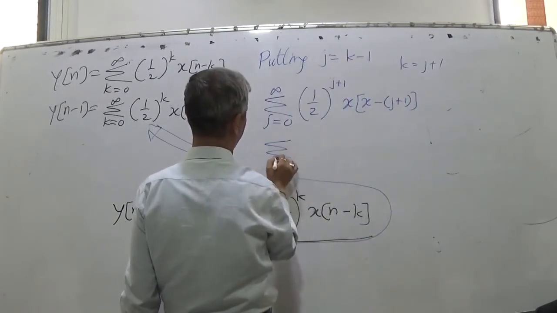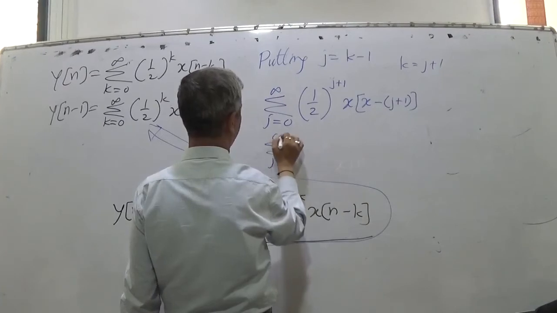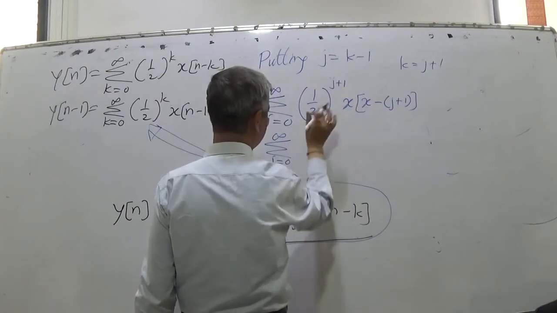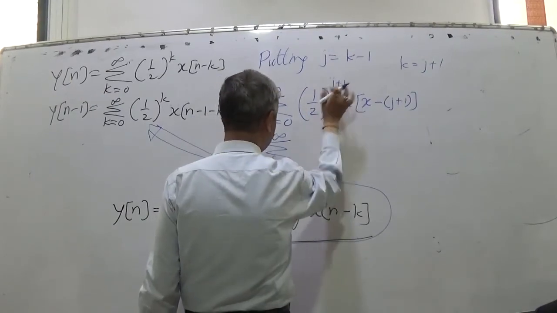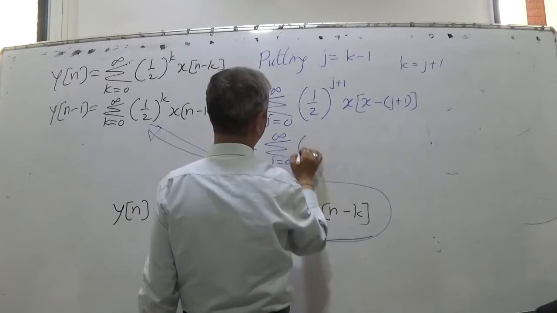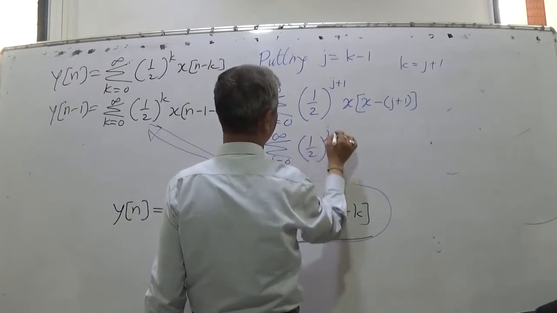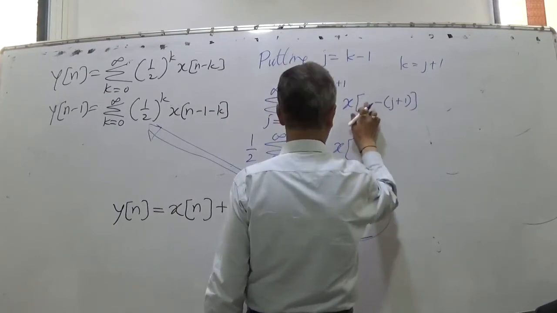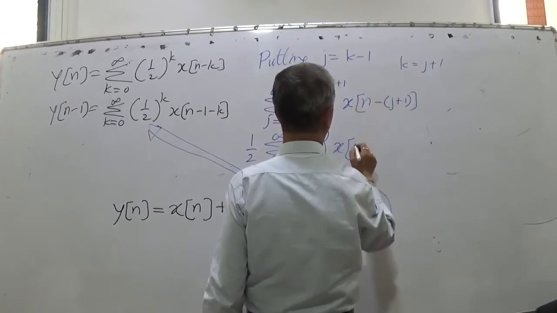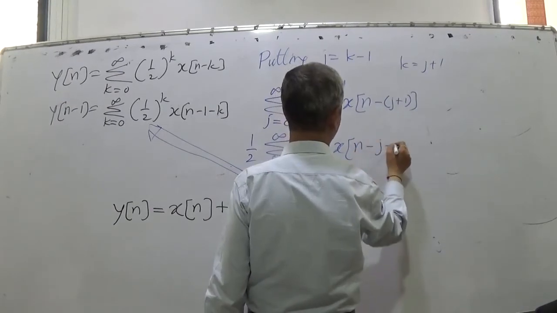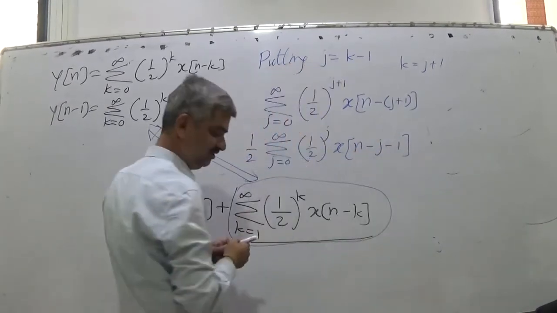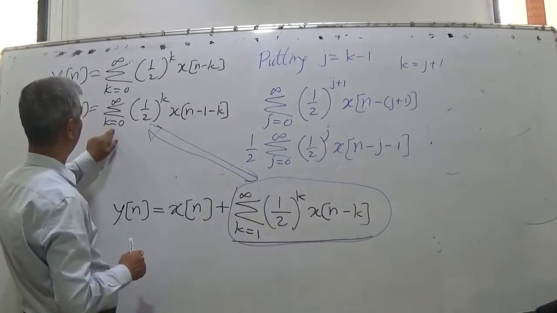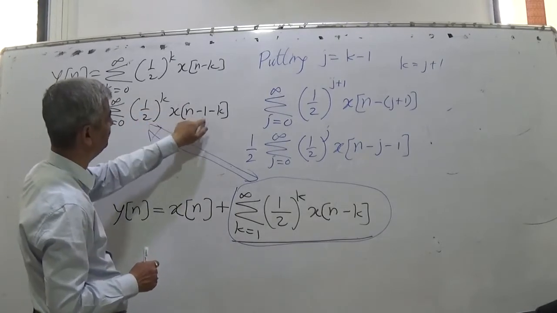This is equal to summation j equal to 0 to infinity, half raised to j into half raised to 1, so this half comes out, half raised to j x of n minus j minus 1. Now watch these two closely. What is yn minus 1? Summation k equal to 0 to infinity, half raised to k x of n minus 1 minus k.